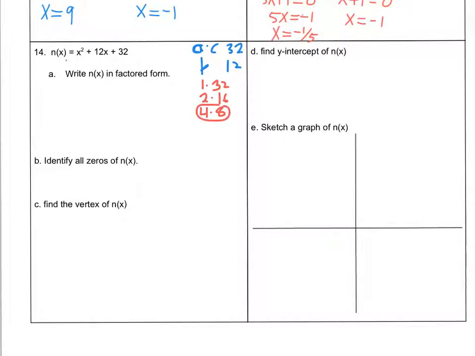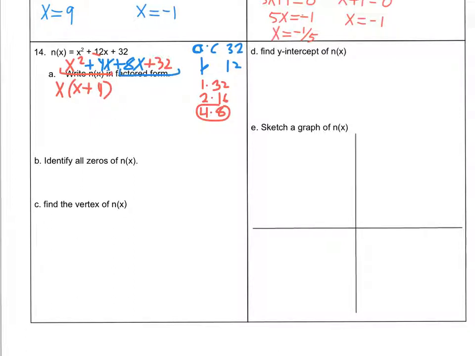All right, so I'm going to do this as x squared plus 4x plus 8x plus 32. And 4 plus 8 is 12, so that's where that comes from. Between x squared and 4x, I can just take out an x, and that leaves me with an x plus 4.